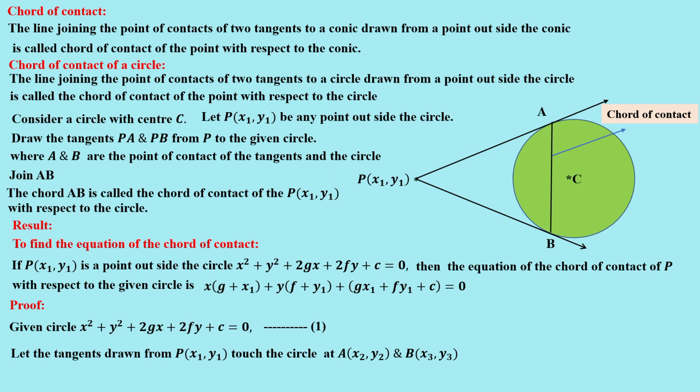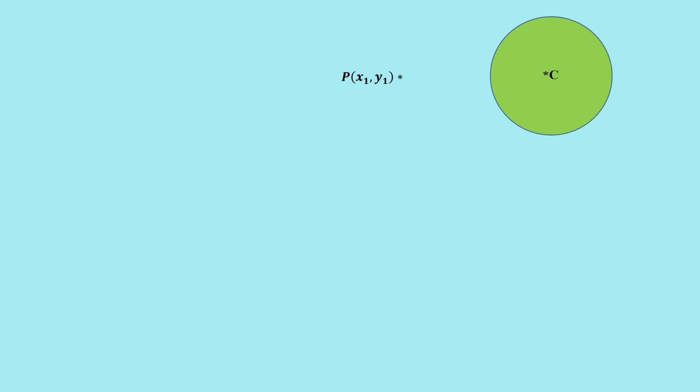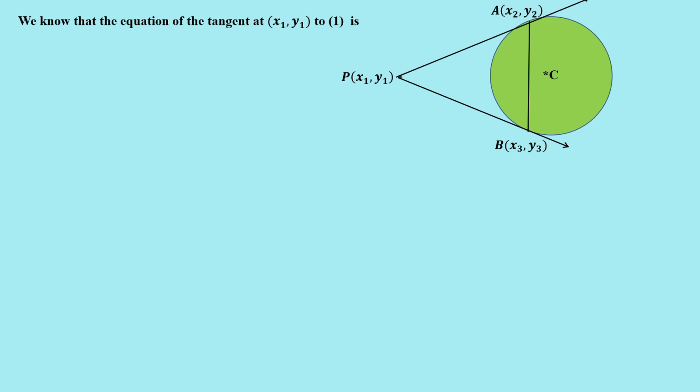Let the tangents drawn from P(x1, y1) touch the circle at A(x2, y2) and B(x3, y3), right? So this is the center, P(x1, y1) is the point lying outside the circle. So A(x2, y2) and B(x3, y3). So AB is the chord of contact. We know that the equation of the tangent at (x1, y1) to the given circle 1 is x x1 plus y y1 plus g into (x plus x1) plus f into (y plus y1) plus c equal to 0.